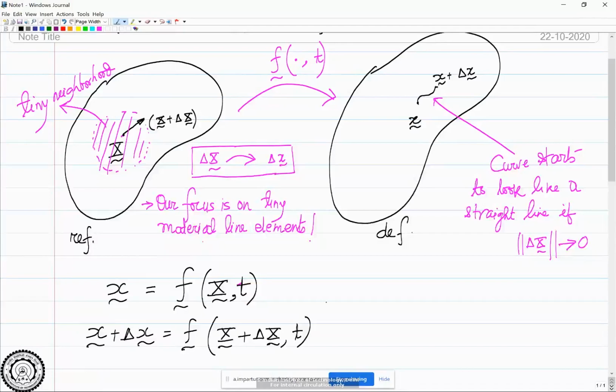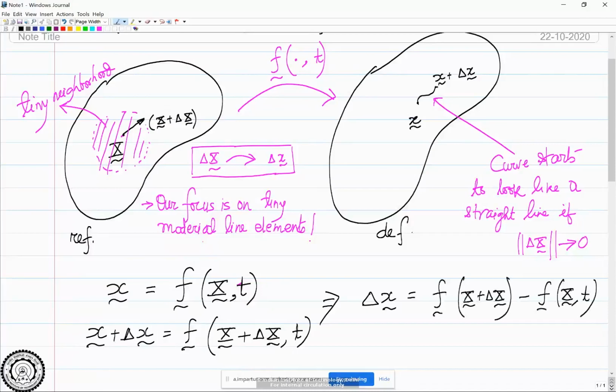So if I subtract these two, what do I get? I get delta small x is equal to f of capital X plus delta capital X minus f of capital X comma t. And you see everything is being looked at the same time. So in the first argument also, it's at the same time t.